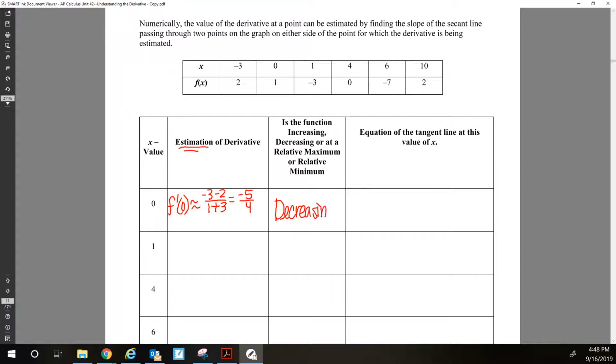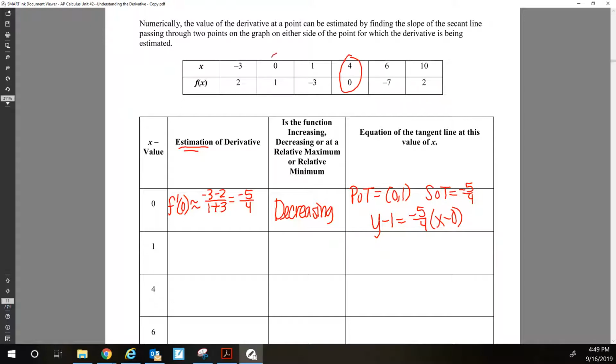All right, and to write the equation of the tangent line, we're going to do this 5 million times until it is so ingrained in you, you don't even think twice about it. Two things we need. We need the point on a tangent line, which at 0, my point is 0, 1. And we need the slope of the tangent line there, which we just said was -5/4. So y minus 1 is equal to -5/4 times x minus 0.